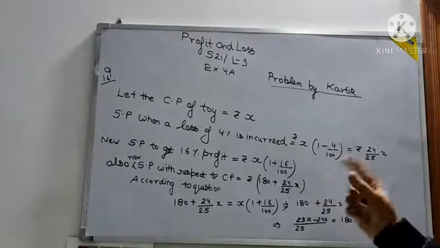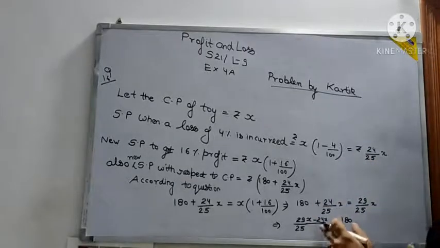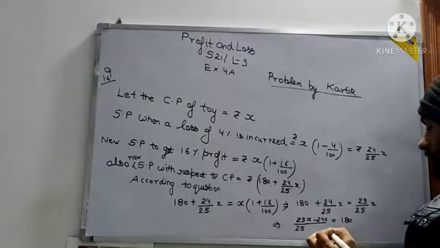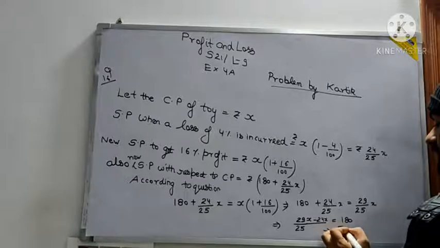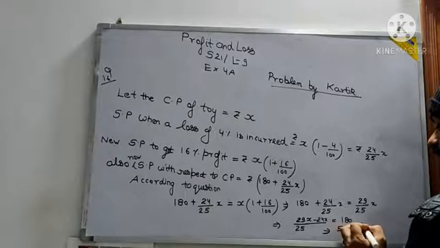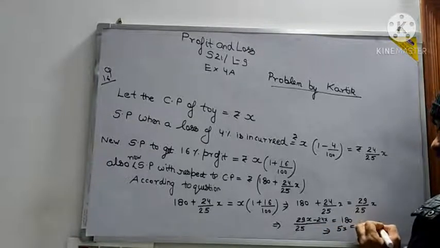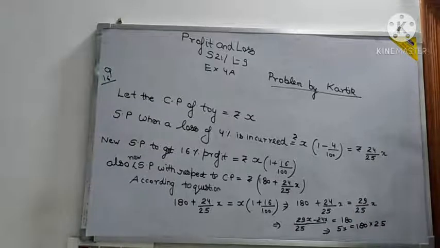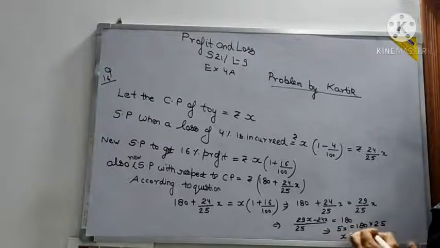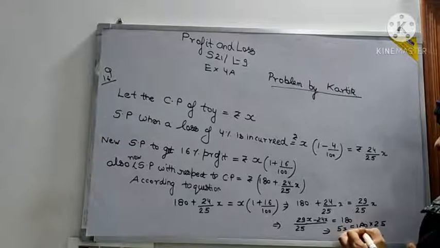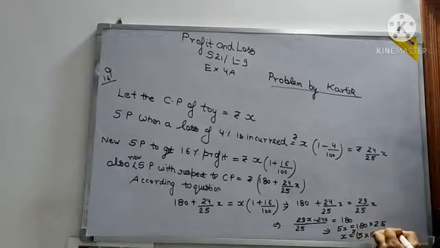I am shifting and changing the sign that way. So it will be what? This implies that 5 by 25 x equals 180, or x will be 5 into 180, that in rupees only. 5 fives are 25, so it is 900.